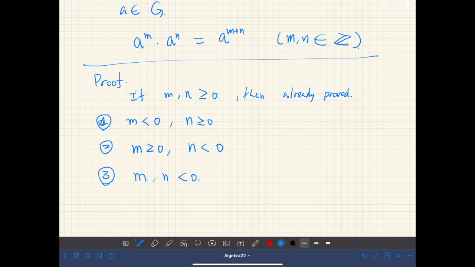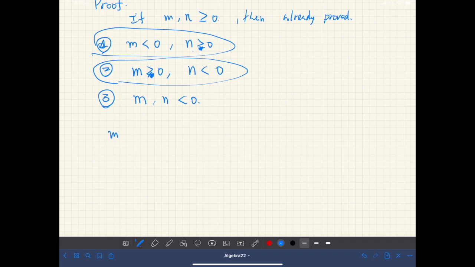And when n is equal to 0, then it's just multiplication by the identity, so it's trivial. So let's assume n is positive. So we prove only for this case. Wait a minute. Let's prove for this case.